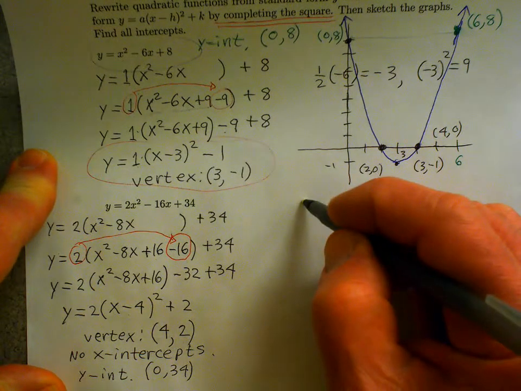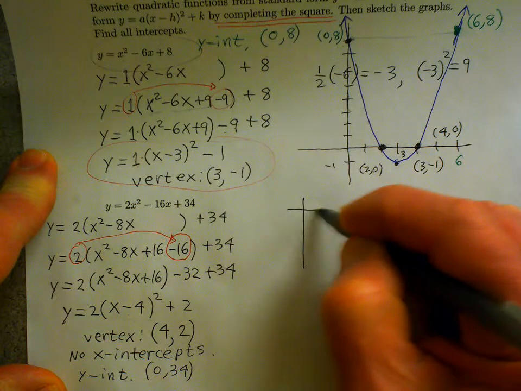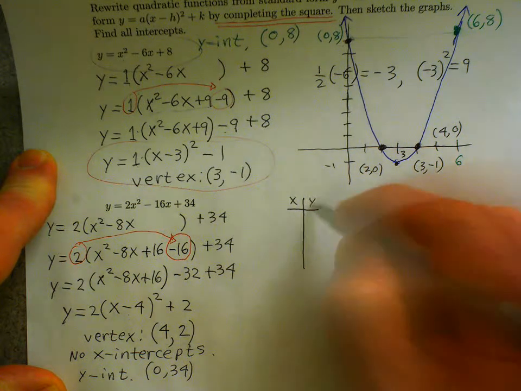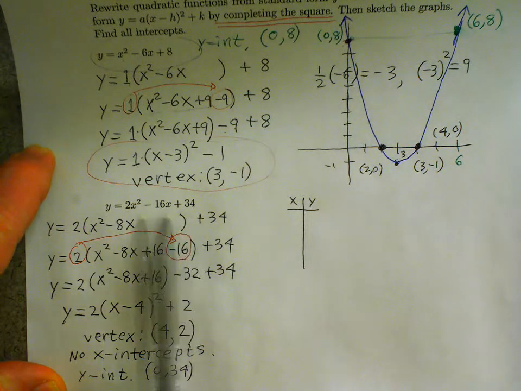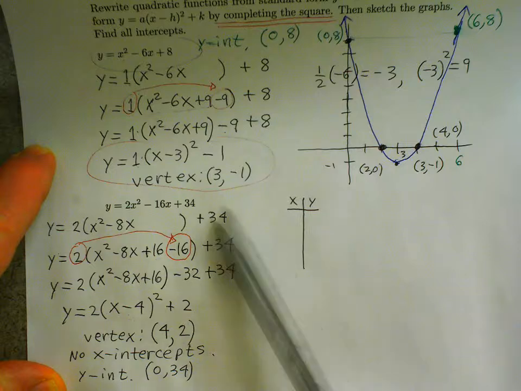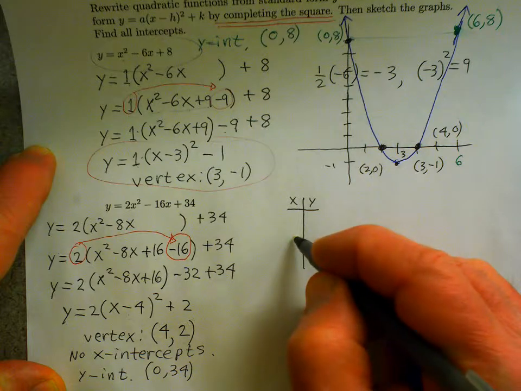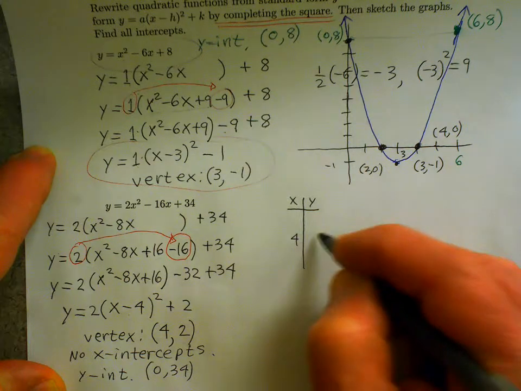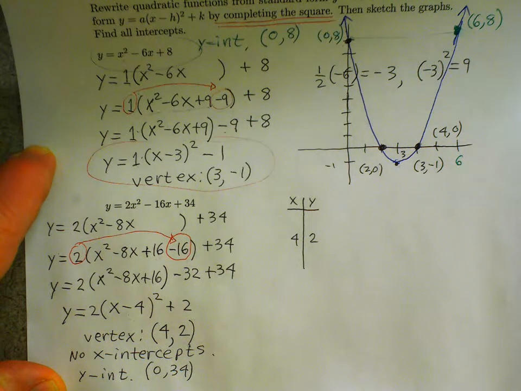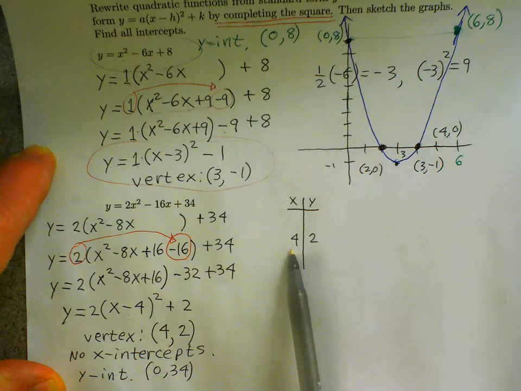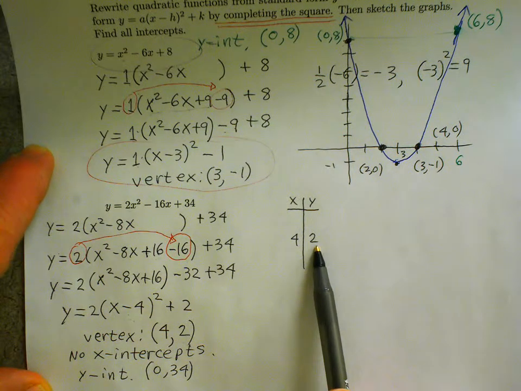But we can find a couple of other points if we just use the function as a formula, and we could use the standard form or the vertex form. We already know that we have the ordered pair 4, 2. When x is 4, the y-coordinate is 2.